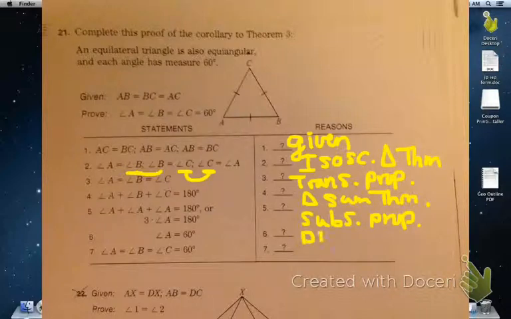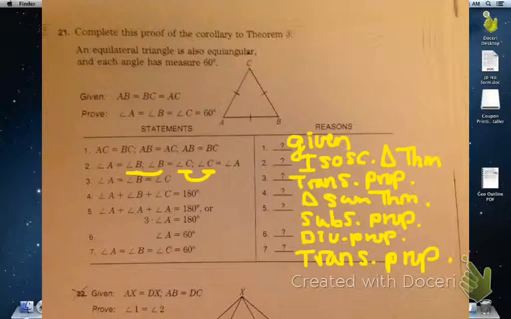So that's our division property, which leaves us with angle A equals 60. The last step there, since angle A is equal to 60, all they had to do was use that with the transitive property from above for another transitive property, which gives us that all of those have to be 60 degrees. So they ended up using the transitive property twice.